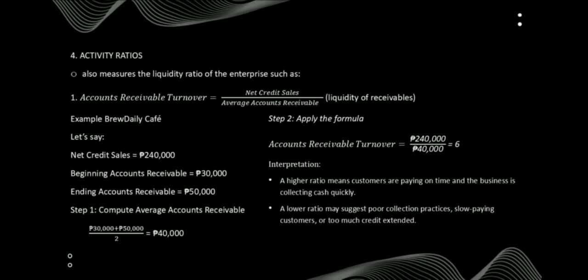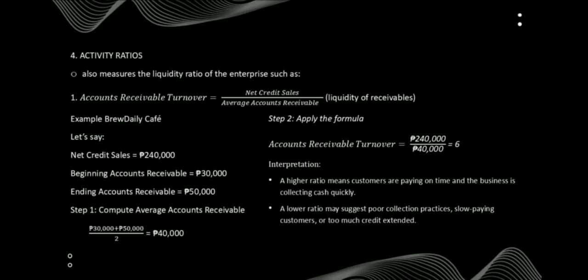Let's say meron silang net credit sales of 240,000 pesos, beginning accounts receivable of 30,000 pesos, and ending accounts receivable of 50,000 pesos. To get the average accounts receivable, we have to get the average of the ending and beginning accounts receivable, which we got 40,000 pesos.